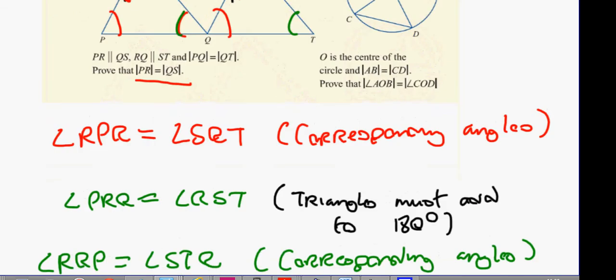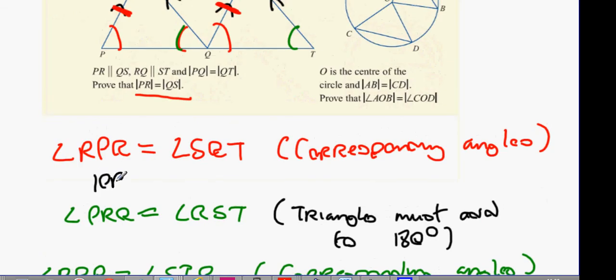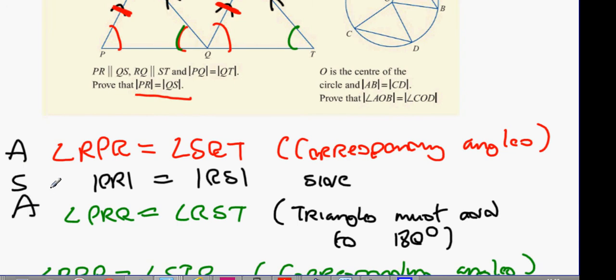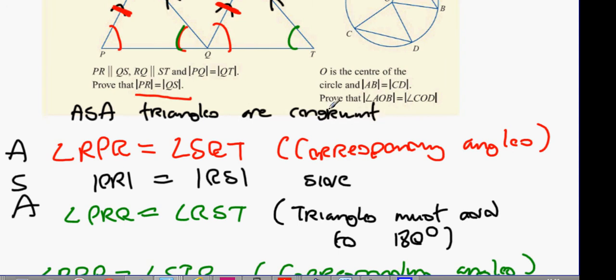I'm going to write down that PR equals QS. Now lads, that is angle, side, angle. ASA. ASA, triangles are congruent. Let's say, so just after proving that the triangles are congruent. Is that right? Yeah.